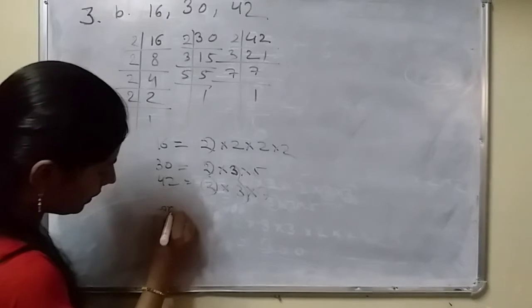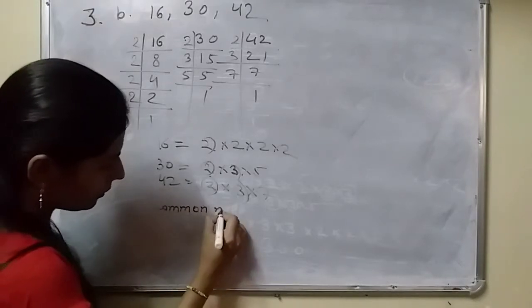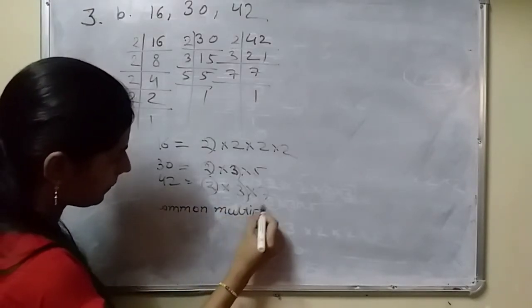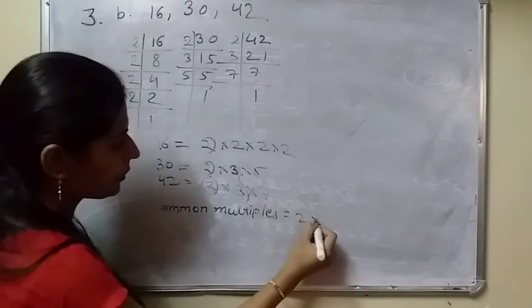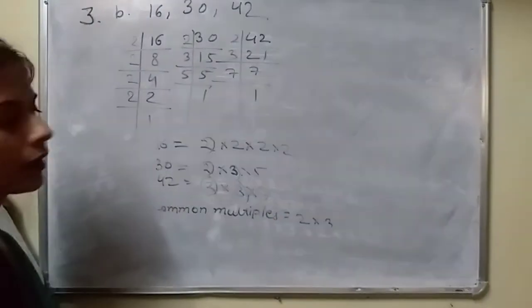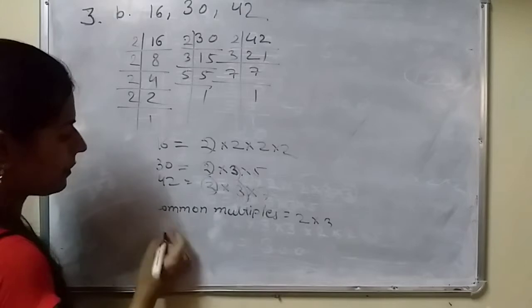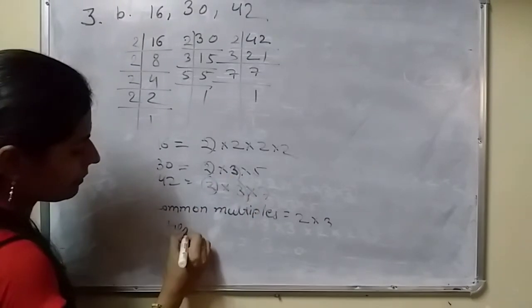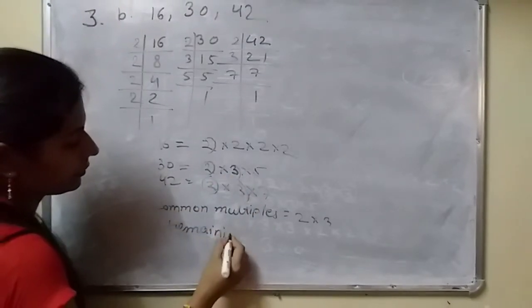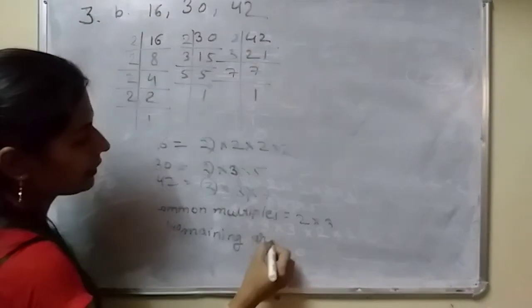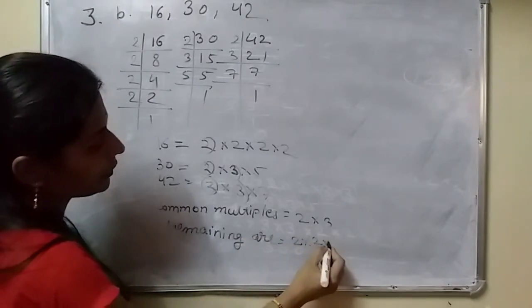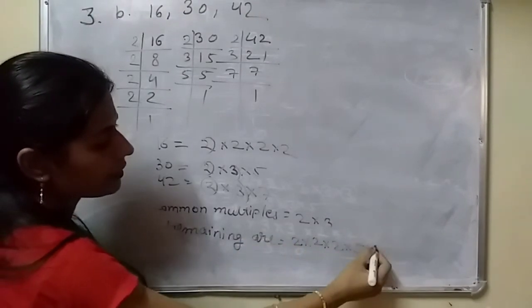Now common numbers are 2 into 3. Now remaining numbers are 2 into 2 into 2 into 5 into 7.